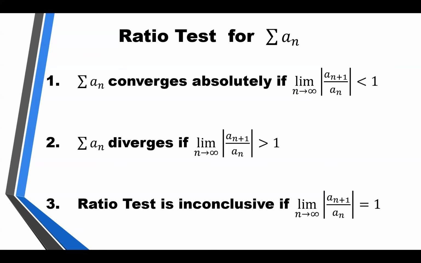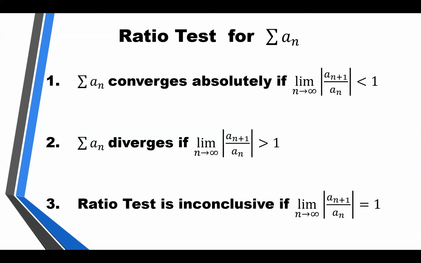The series diverges if the limit of that ratio of the terms of the series is greater than 1. And the ratio test is inconclusive if the limit of the terms of the series is equal to 1.